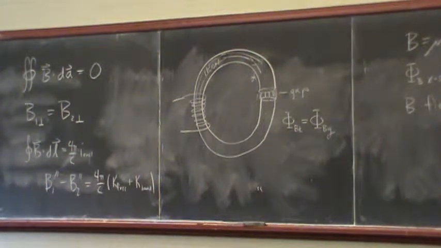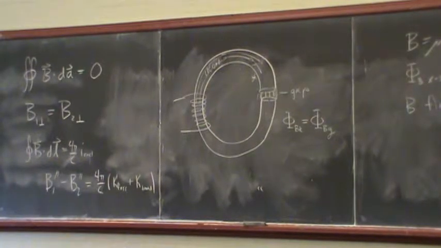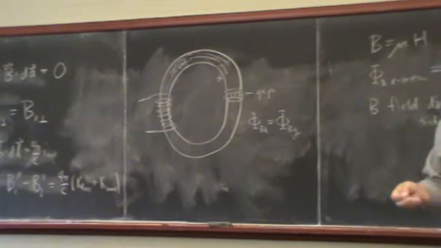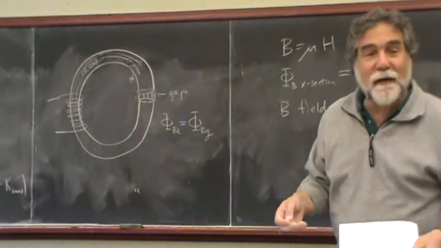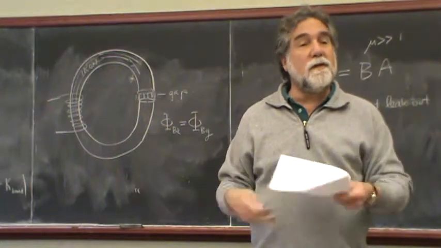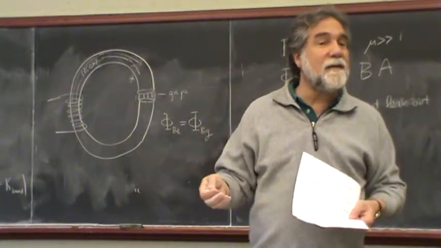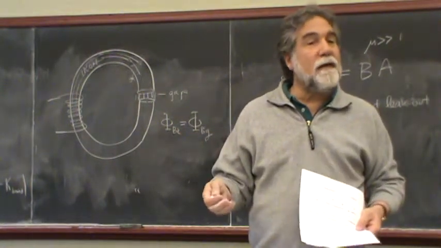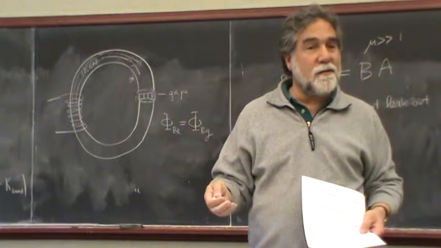Okay, so now we're going to do that. All right. Let's see. Aside from factors of 4 pi over c, which I have probably dropped, okay? I confess, the problem here is that the references that I use to reteach myself this stuff are all in MKS units.